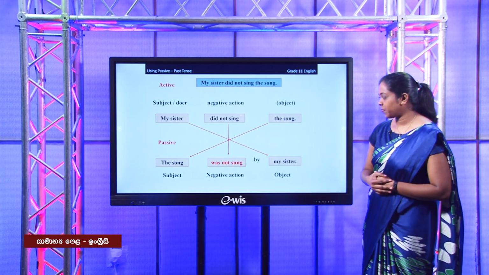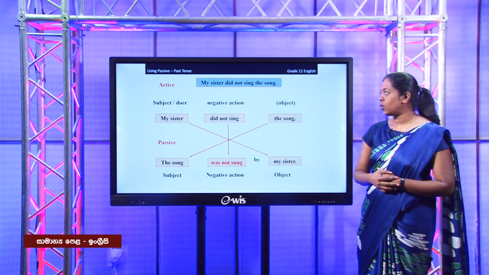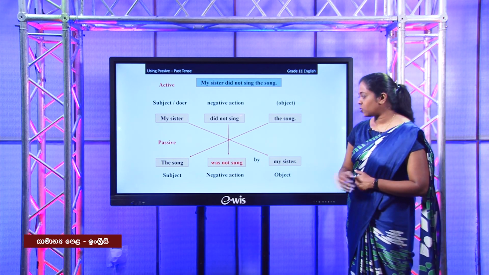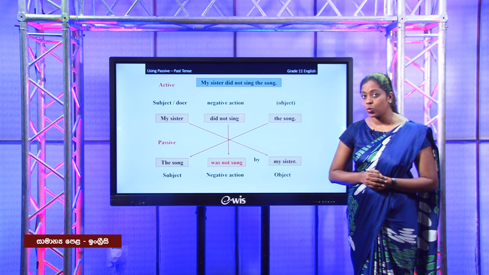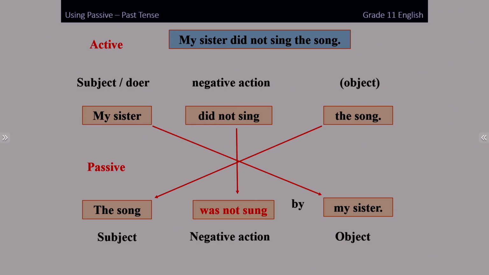That is done. Second one, I told you our focus should be on the verb. So, the rule does not change. I told you we have to use the past participle form. So, the past participle form of the verb sing is sung. Clear? What have we done with these two words? Nothing much, children.